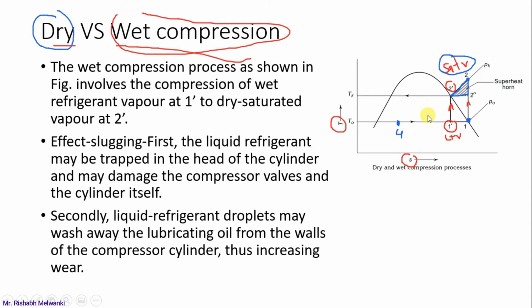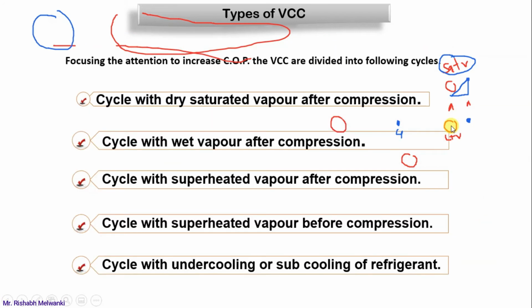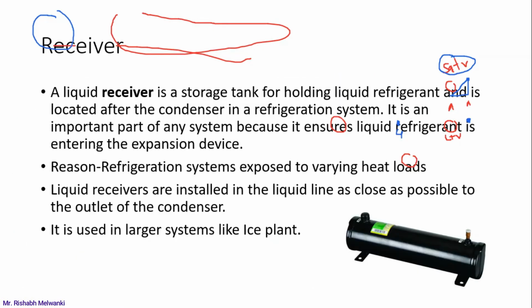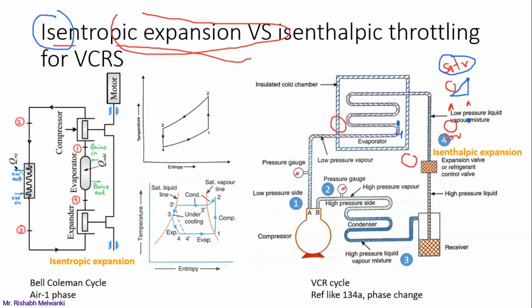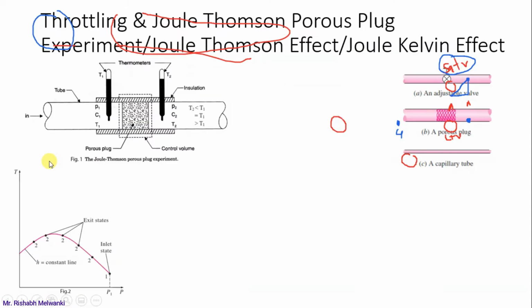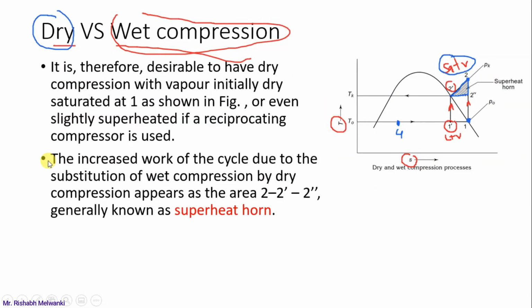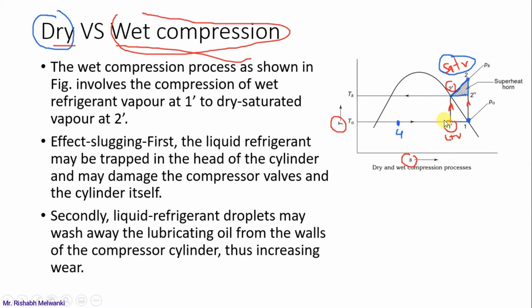Now why is this? We have already talked about this in the previous session, sludging. Here I had explained what sludging is in the case of a suction accumulator. Here, what will happen if we supply liquid refrigerant, so that some amount of liquid is present at the inlet of the compressor?